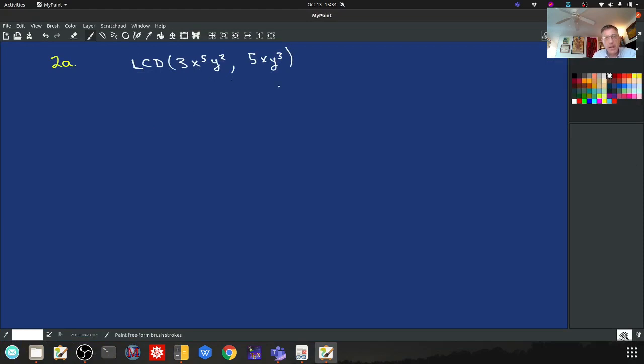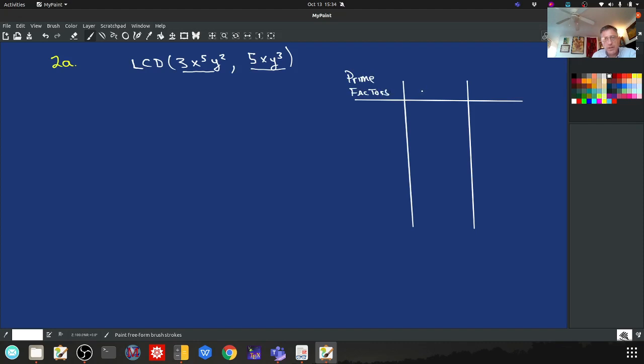So here, what I do is I'm going to have a table, a prime factor column, and then a column for each of my elements, each of the terms that I'm considering. So this is going to be prime factors. And this is 3x to the 5th y squared. This is 5x y cubed.